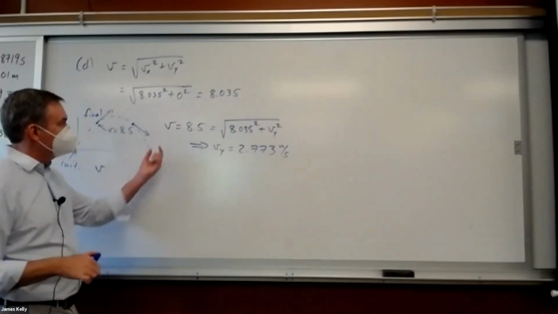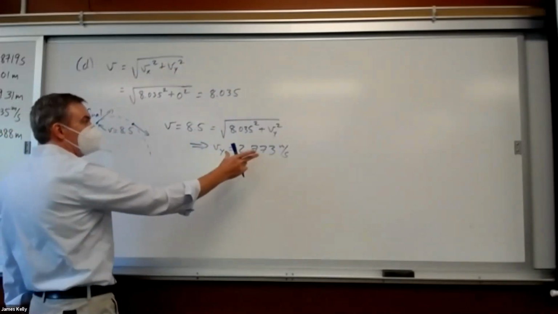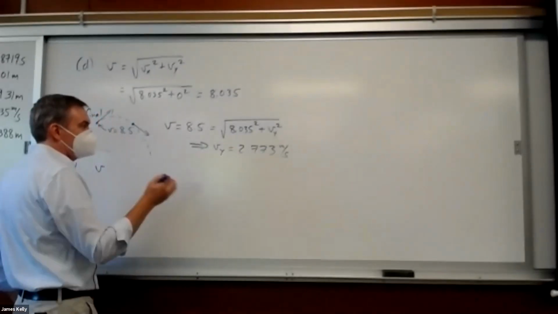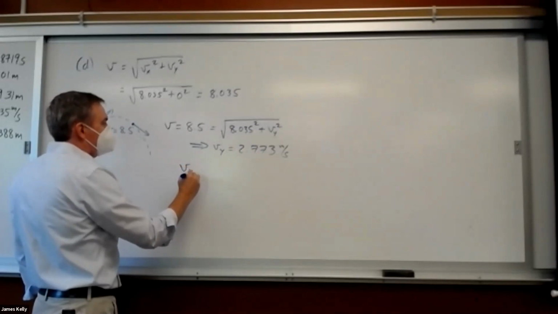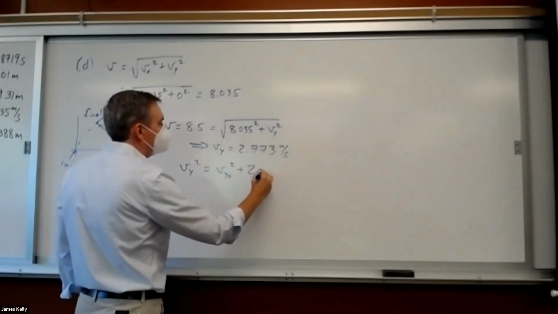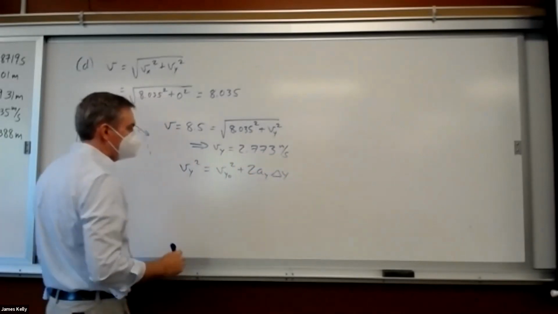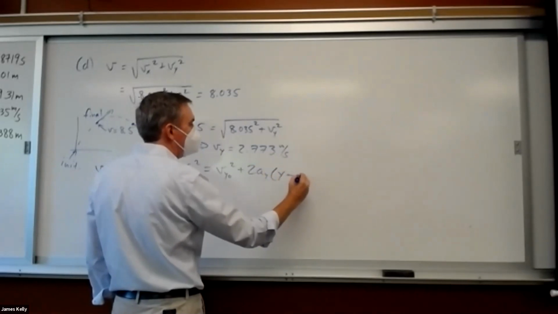So that's the hardest part. You're given a speed here, and you really want Vy final. The problem would have been more straightforward if it were asked in terms of Vy final. Vy final squared equals Vy initial squared plus 2Ay delta y. But we'll write that as y final minus 0.